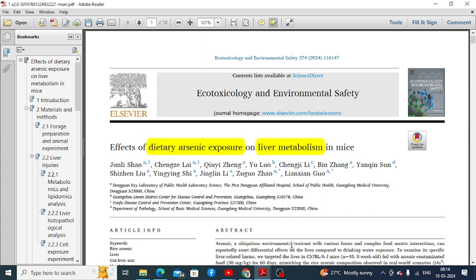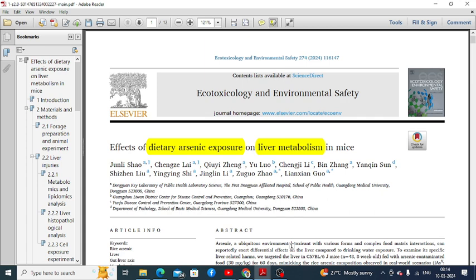So in the first paragraph, we could expect general information about arsenic and its effects. That means the effects of arsenic, and the dietary and other sources of arsenic exposure to organisms. And finally, we could see the information on liver metabolism.